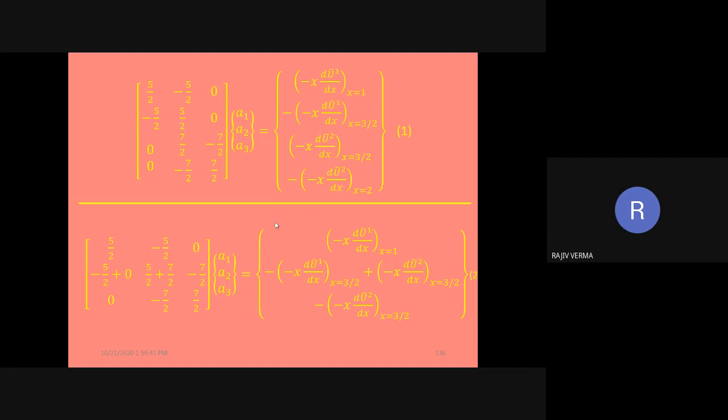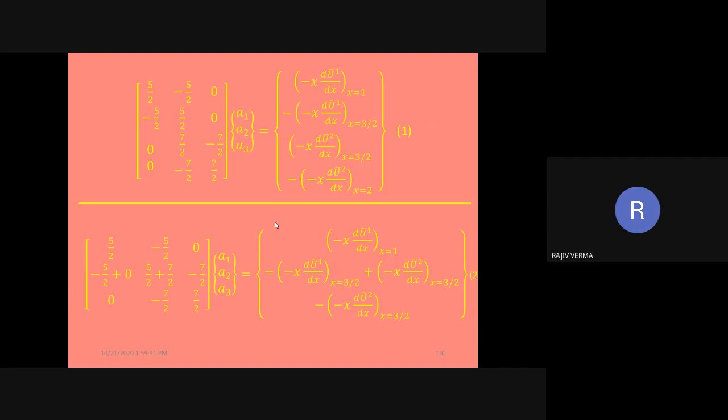They have been redesignated as unknowns A1, A2 and A3. A1 happens to be the nodal value at node number 1, A2 the nodal value at node number 2, and A3 the nodal value at node number 3. This is what appears on the left hand side of the equation.